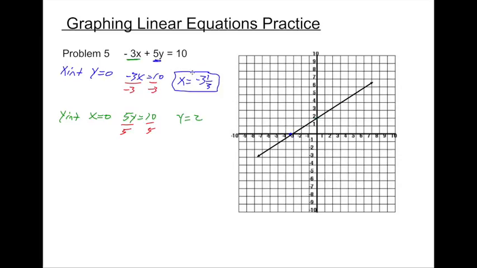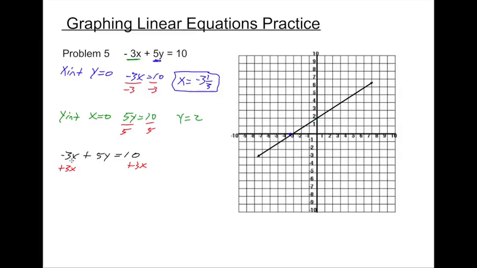Now to show you that we could also do this with the slope-intercept method, we would just have to solve this equation for y. So I'm going to do that now. So we'd have negative 3x plus 5y equals 10. So the first thing we'd have to do is add 3x to both sides.